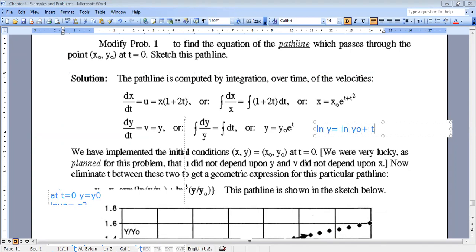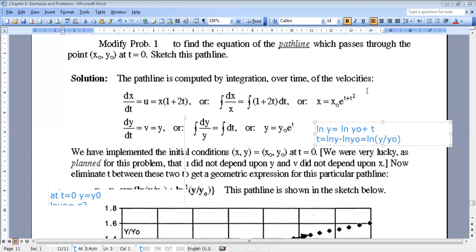So you can say that t is simply equal to ln y minus ln y0, or equal to ln of y over y0. Now you can replace into the equation of x the time by its function of y.